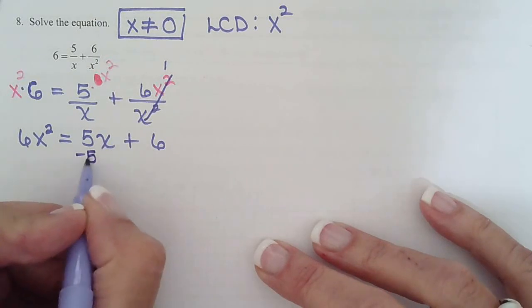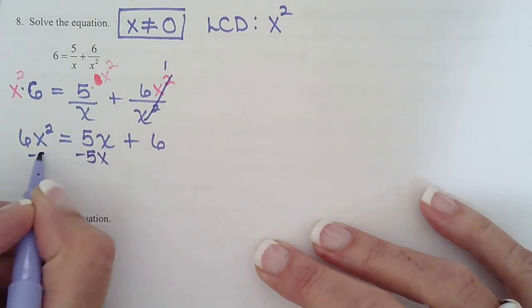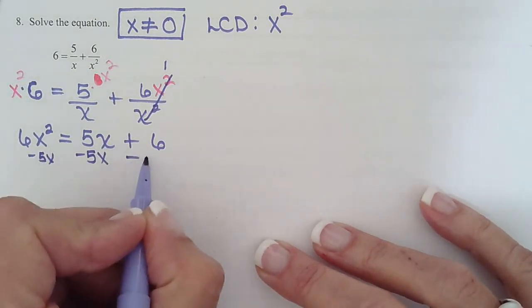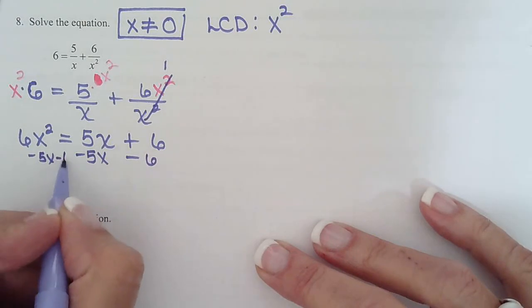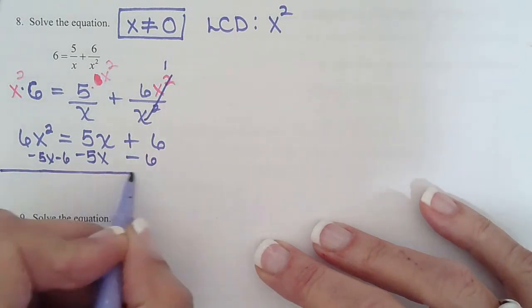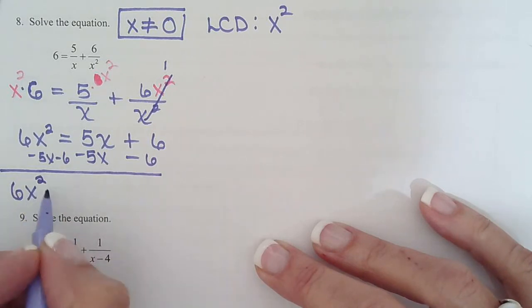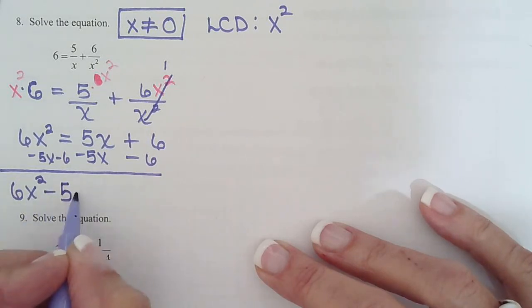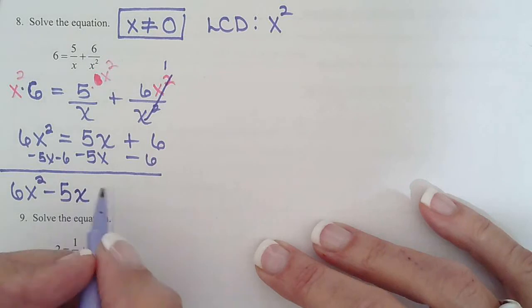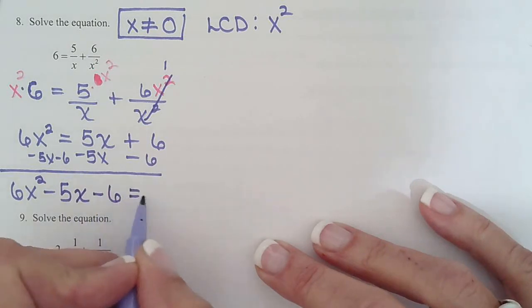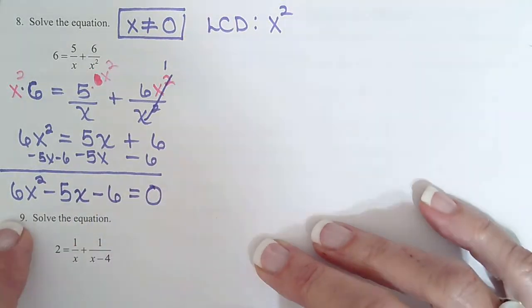So that'd be minus 5x minus 5x. And then this one we have to do the opposite too. So minus 6 minus 6. So my new problem, ready to be factored or quadratic formulaed. Is that a word? Quadratic formulaed? No, it's not. So there's my new problem.